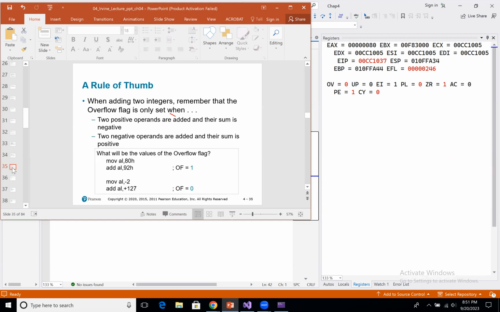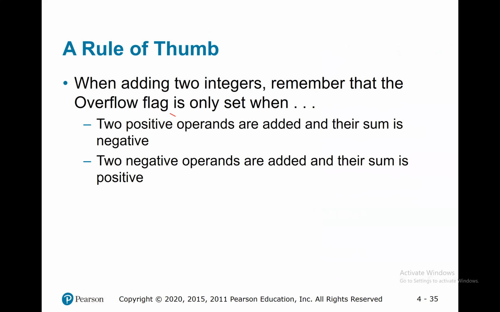On the next slide, just a rule of thumb. When adding 2 integers, remember that the overflow flag is only set when 2 positive operands are added and their sum is negative. So when you have 2 positive operands, they're added and their sum is negative, that's when the overflow flag is going to be set.